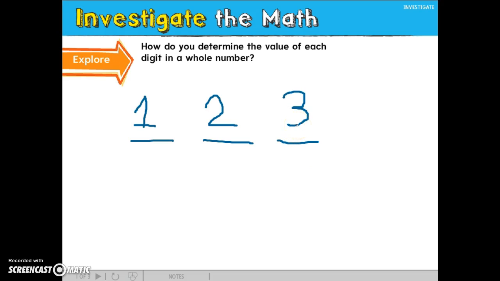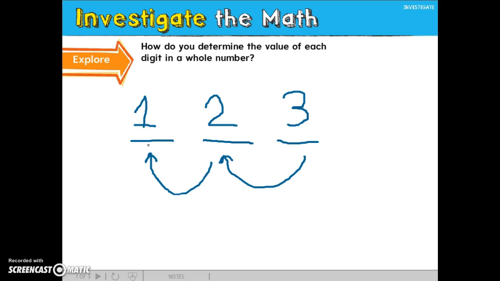And yes, it's true that 3 is bigger than 2 or 1, but when you're talking about the value, remember value means worth. And when you keep moving to the left, that value is increasing. So even though you have a 1 over here, that 1 is worth more because that's worth 100.